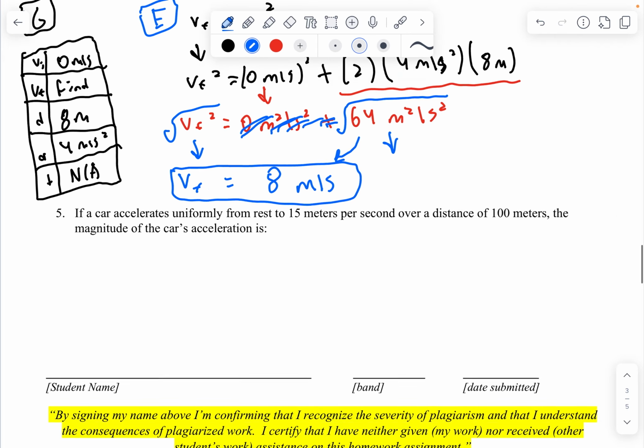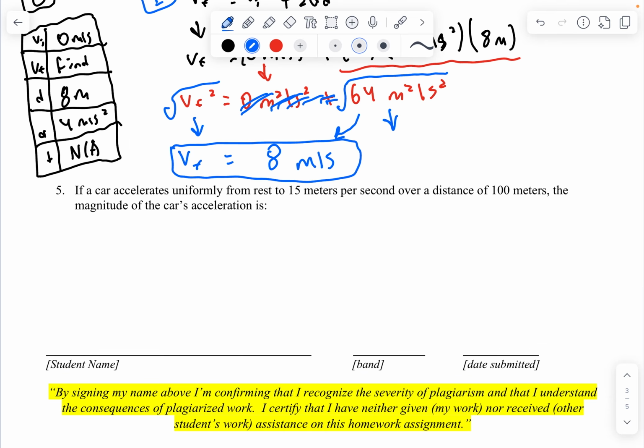Last problem. If a car accelerates uniformly from rest to 15 meters per second over a distance of 100 meters, the magnitude of the car's acceleration is what? Okay. Let's make the same thing.